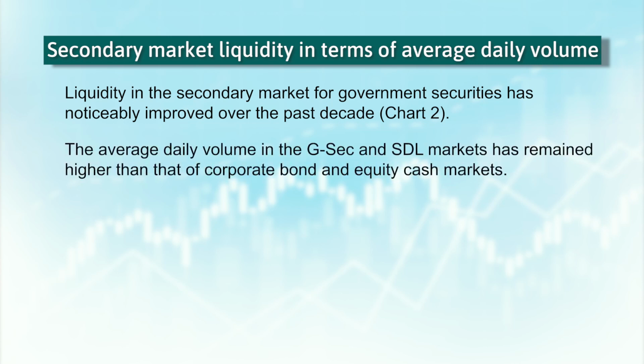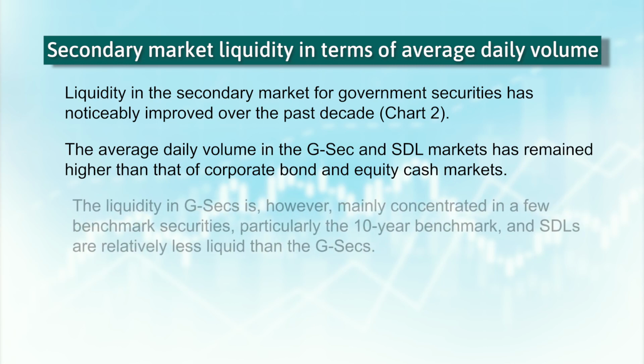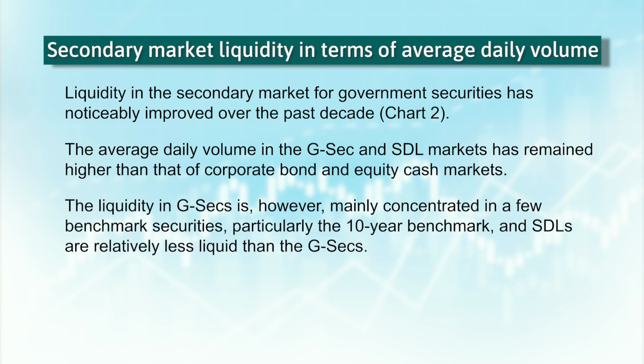The average daily volume in the G-SEC and the SDL market have remained higher than the corporate bond and the equity cash markets, and the liquidity in the G-SECs is mainly concentrated only in some few benchmark securities, particularly the 10-year benchmark, and the SDLs are relatively less liquid than the government securities.